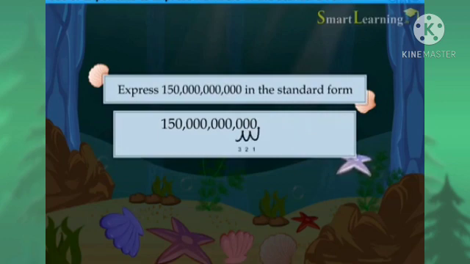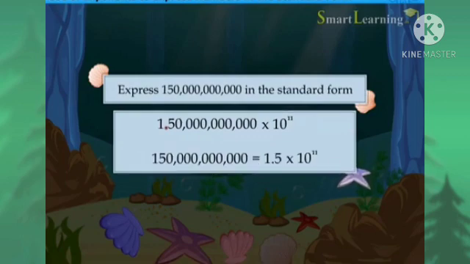To express this number in the standard form, we have to move the decimal point 12 minus 1, that is, 11 places, towards left, and multiply the resultant number by 10 raised to 11. So, this number in the standard form is 1.5 into 10 raised to 11.